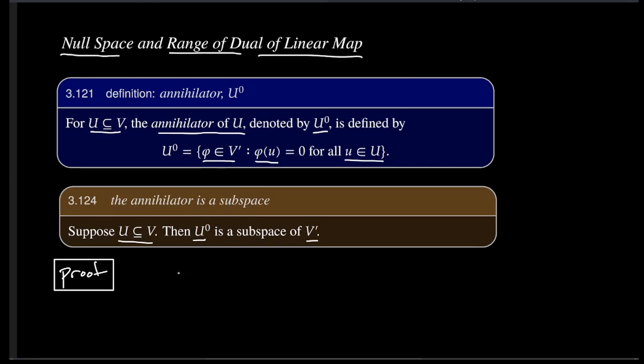So the same way that we took linear maps between vector spaces and got these distinguished subspaces of their domains and codomains respectively, called the null space and the range, as every linear map gave rise to a pair of subspaces, one of them the null space, one of them the range, we can do the same thing for the dual map of a linear map. And this will tell a very, very compelling story. So let's start it out just by getting used to the annihilator.